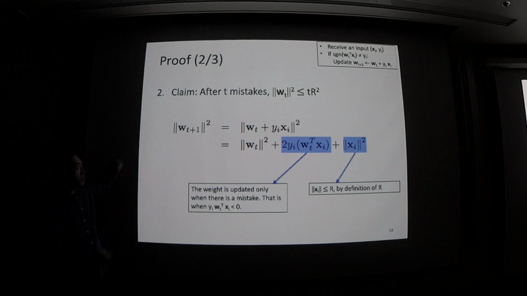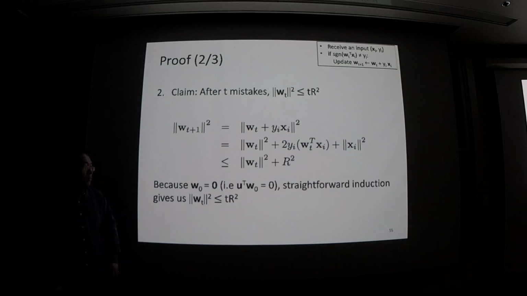And again, because we only update our model when we make mistake. So when we use w_t, we must make wrong prediction at this example, right? So this middle term must be negative. That means it must be less than 0, right?